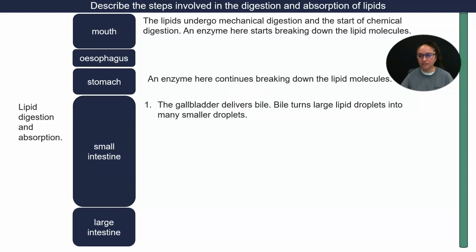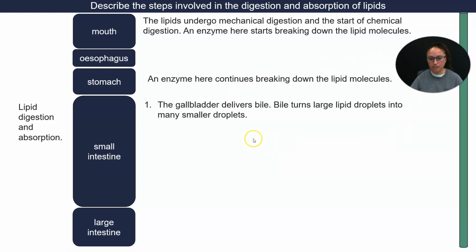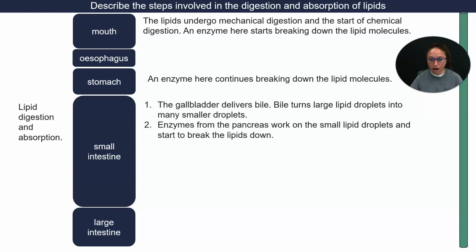The small intestine is where most of the action happens with regards to lipid digestion and absorption. So, the bladder puts bile into the small intestine. Now, what does bile do? Well, bile turns the large lipid droplets into many, many smaller ones. So it breaks them up. It's kind of handy.